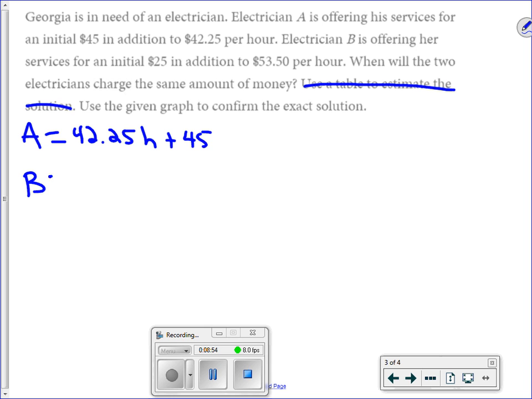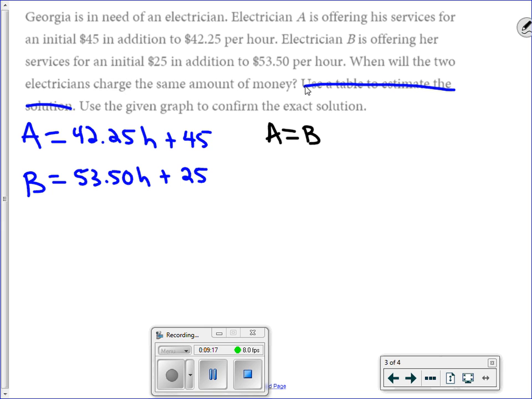Electrician B is going to equal 53.50 per hour plus the initial $25. Once again, I'm looking for that point of intersection, or the point where they're exactly the same. So I'm looking for when A equals B.